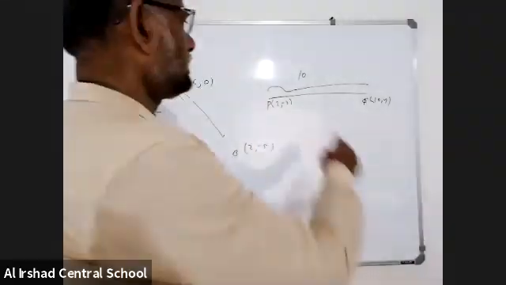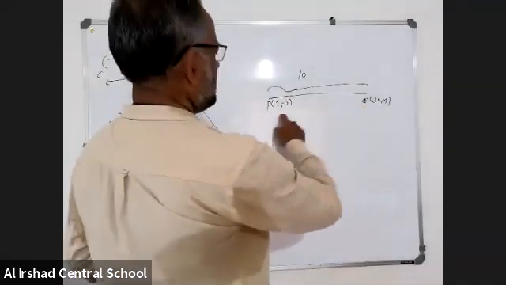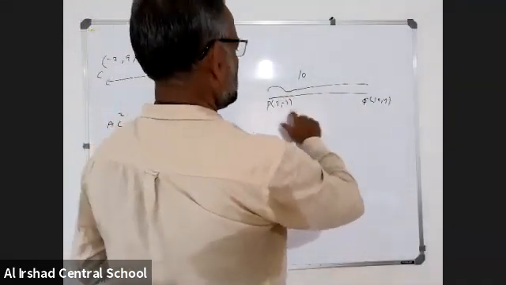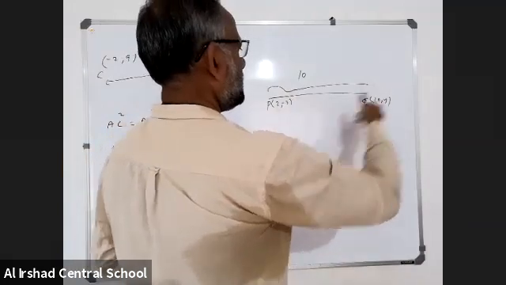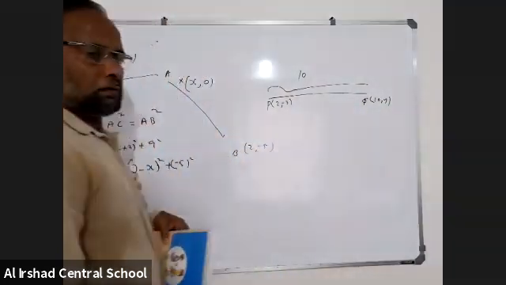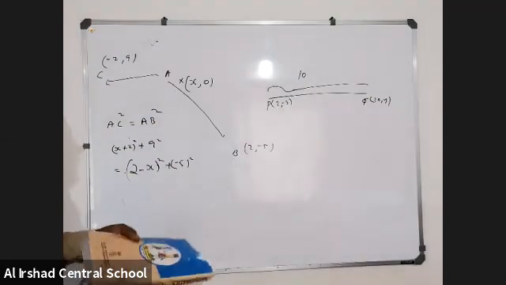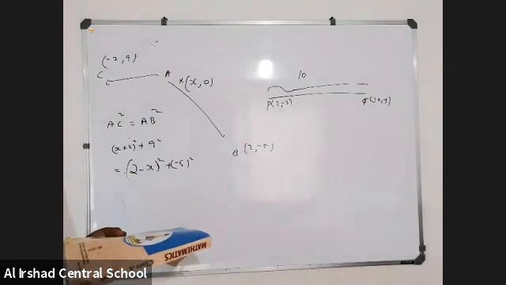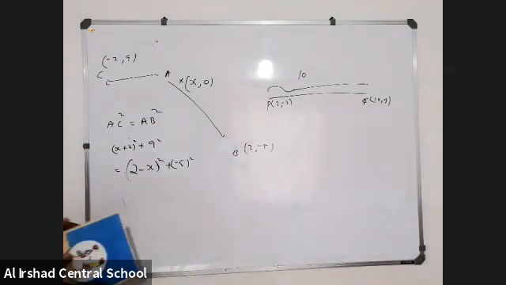Okay, that is the distance. So you get (10 minus 2) whole square plus (y plus 3) whole square is equal to 10 square. Then y is the only unknown quantity, so you can solve that linear equation.